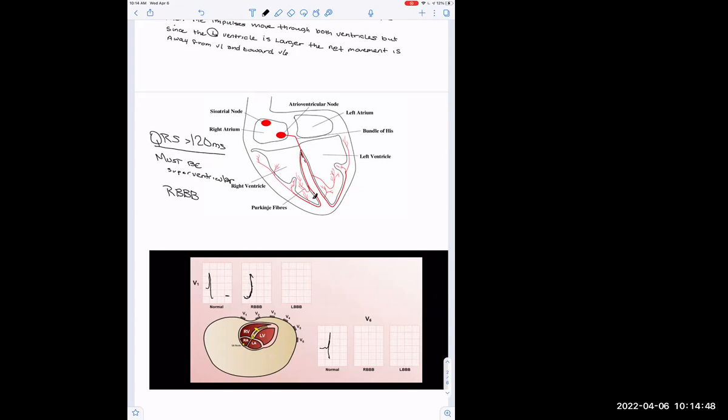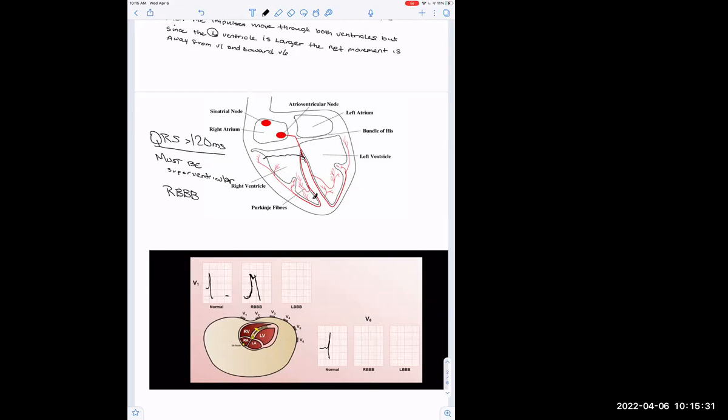So you get this quick movement away from V1 toward V6. And then as we have the cell-to-cell propagation, you'll start to see the right side depolarize, and you'll have a positive vector again. And then finally, as that cell-to-cell impulse propagates back over to the left side, away from V1, you'll see a downward deflection.